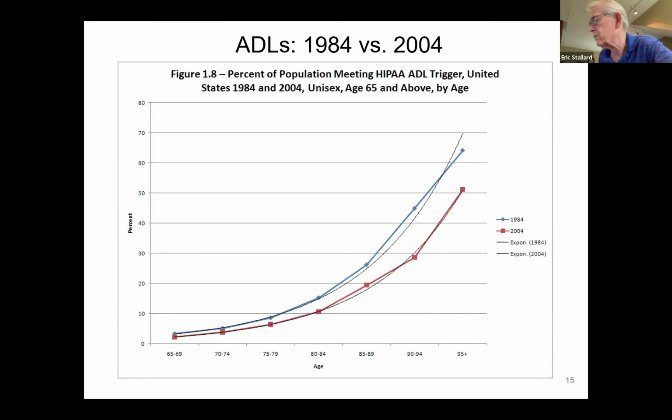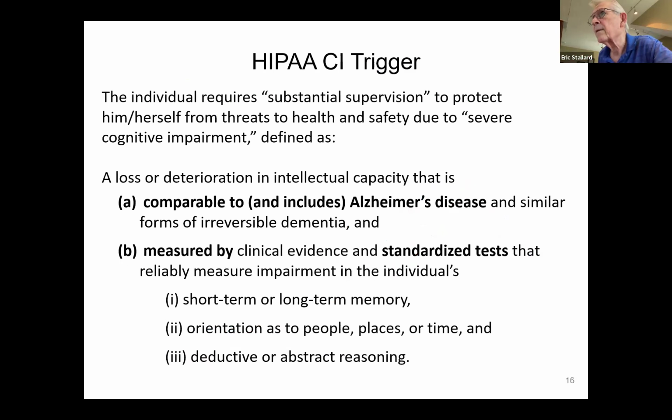That's a unisex figure. The HIPAA cognitive impairment trigger, some analysts will be less familiar. One of the key things is that it's comparable to Alzheimer's disease, and it picks up high levels of cognitive impairment without requiring an exact match. But at least that gives you an opportunity to look at Alzheimer's disease and related dementias and their impact on the population.